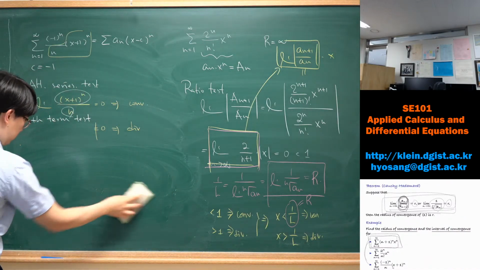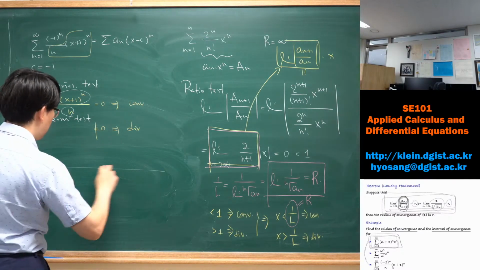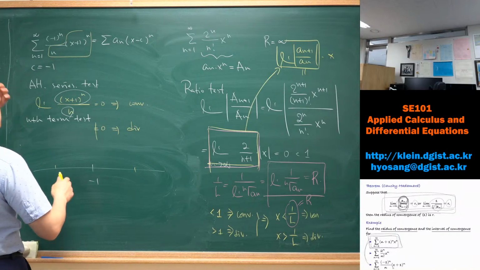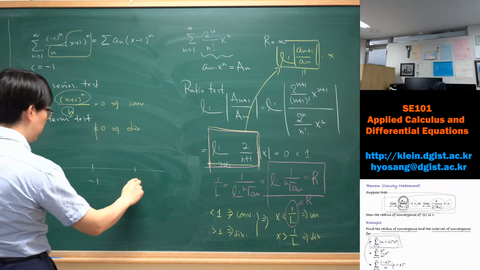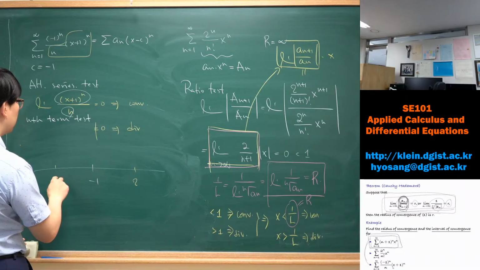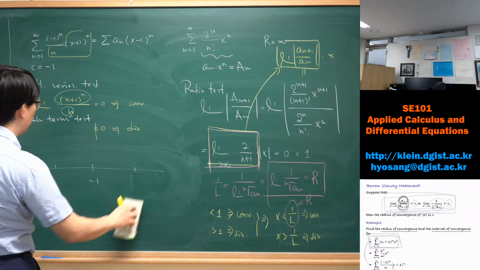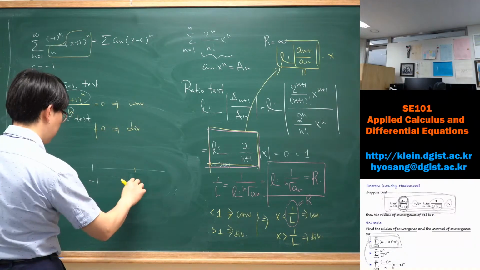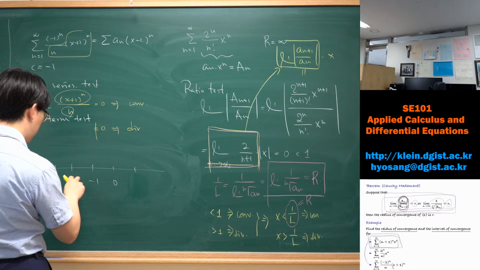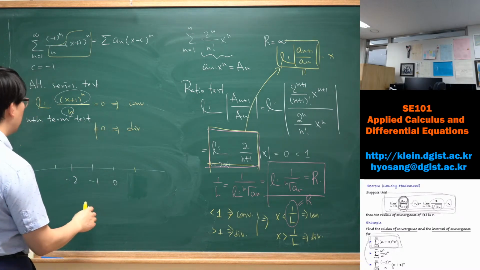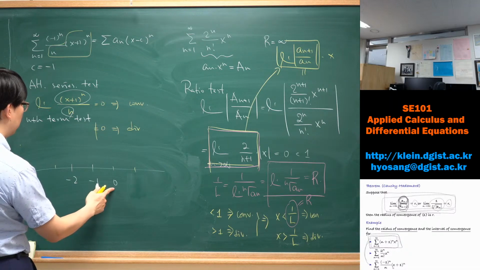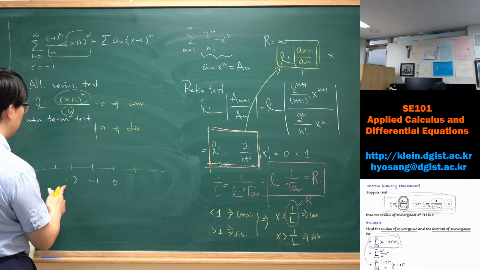So let's draw the line here. We have minus 1, 0 here, minus 2, and 1 here, with x plus 1 being 2 here.